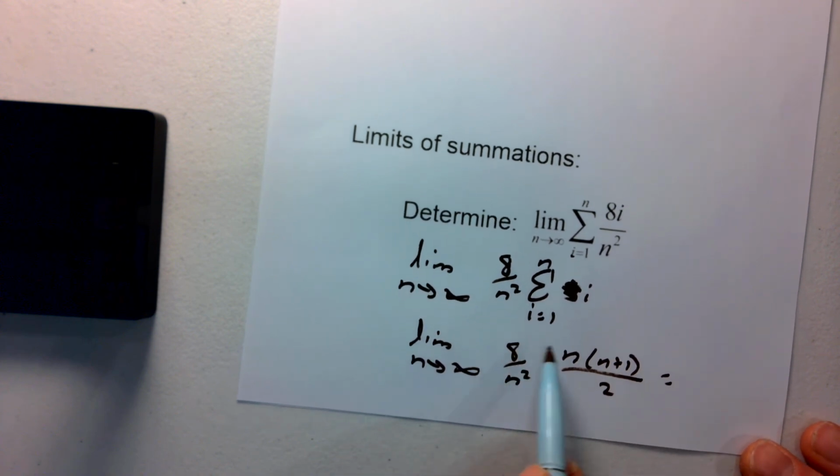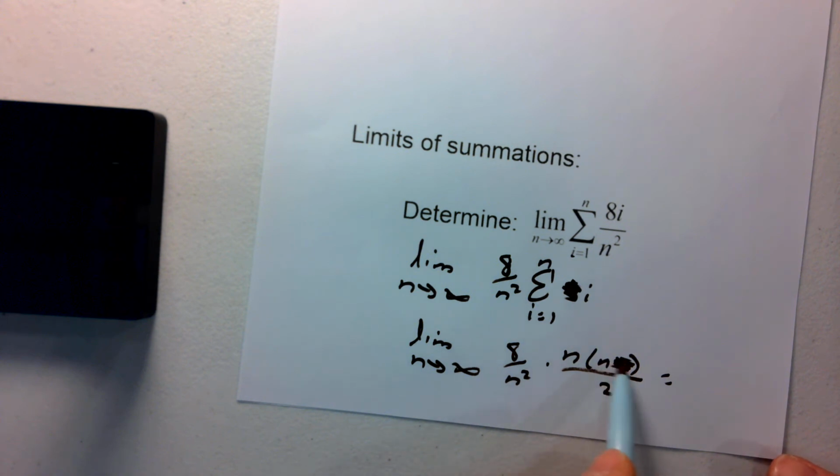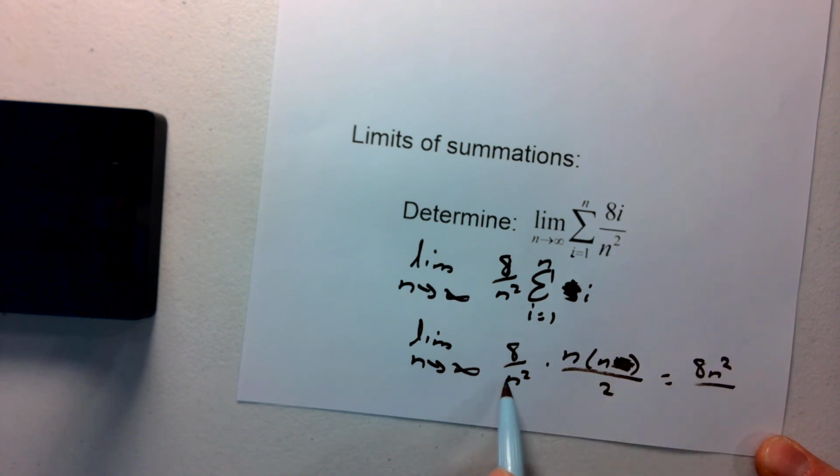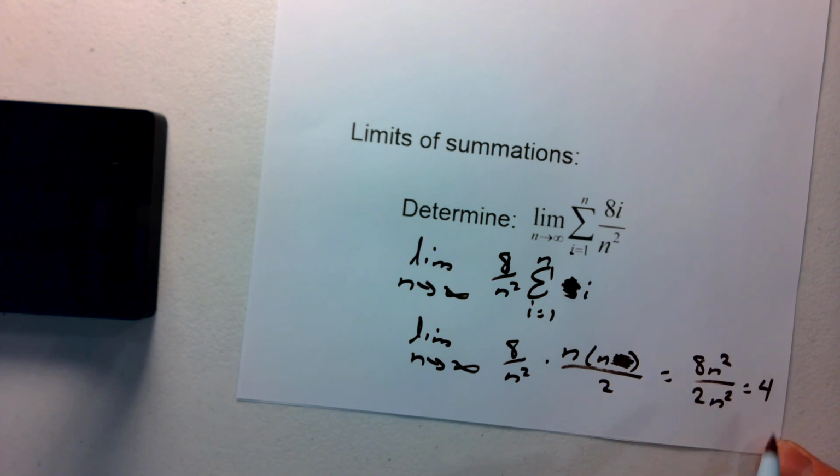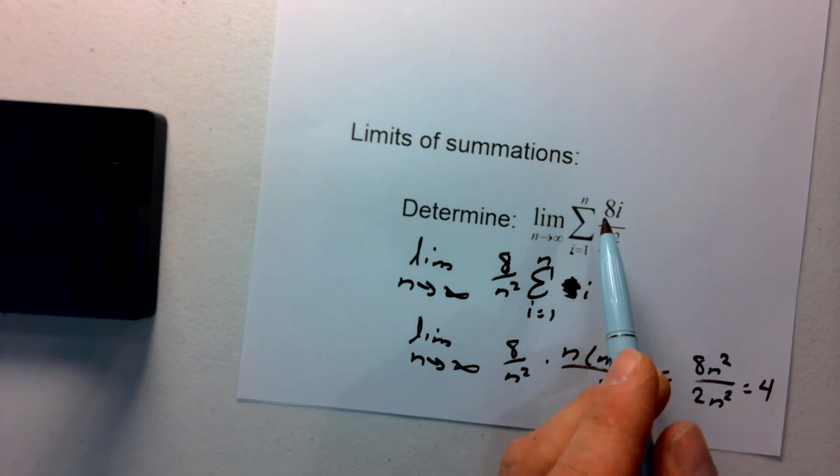To clean this up, we can get rid of this plus 1, because it's not going to make any difference in our final answer. So I have 8 times n times n, which is 8n squared, over 2n squared, and that's going to reduce to 4. That'll be the limit of this summation.